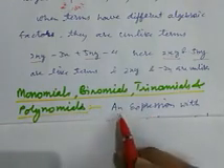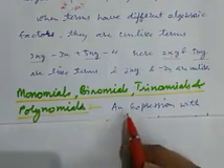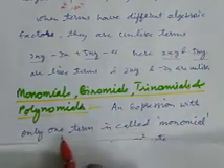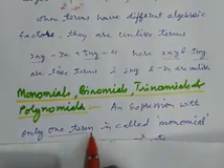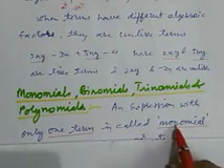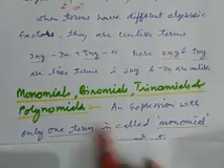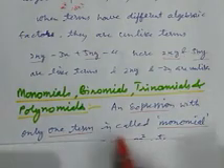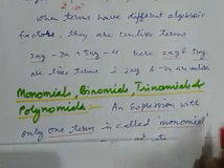This is our main motto, so we have to know about that. An expression with only one term is called a monomial. Mono means one. So any expression which contains only one term is known as a monomial.